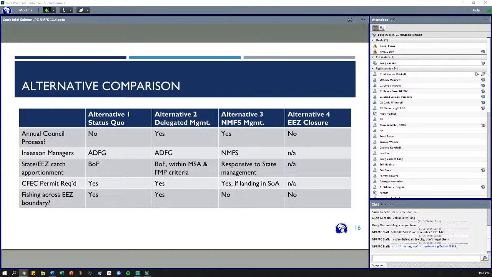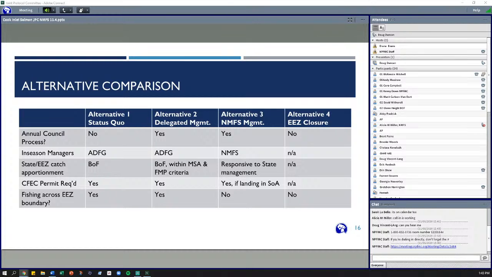Thank you for the question. So under alternative 2, delegated management, the state would have an opportunity to implement a corrective management plan. And if that was sufficient to address any of the conservation concerns, then that would be the end of that.